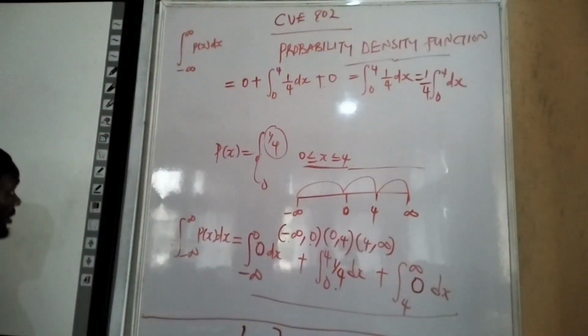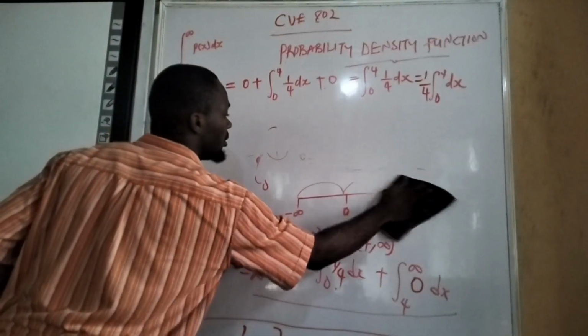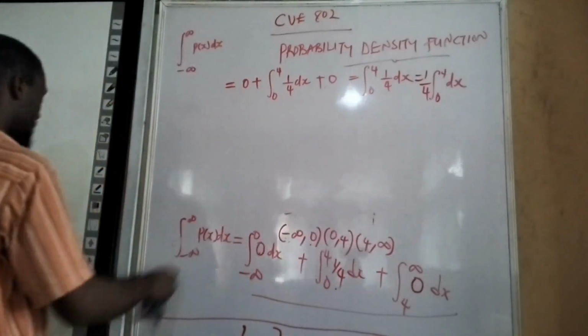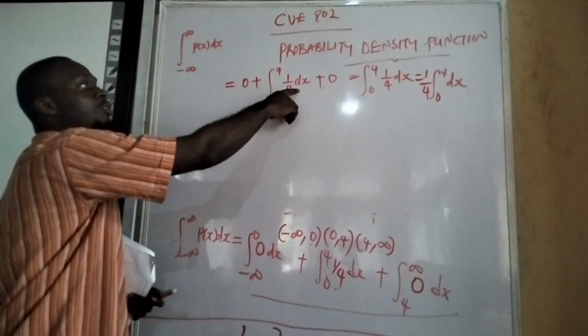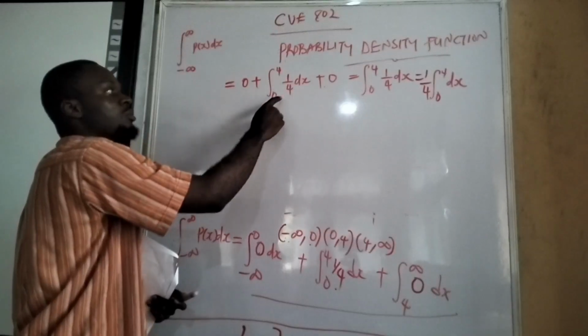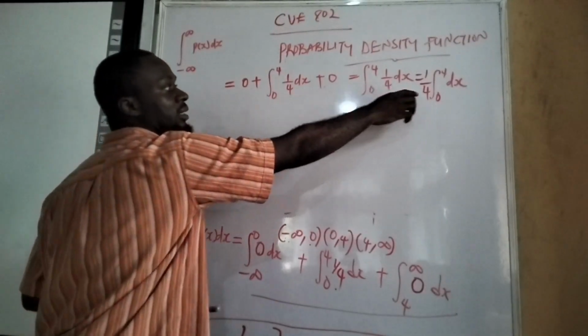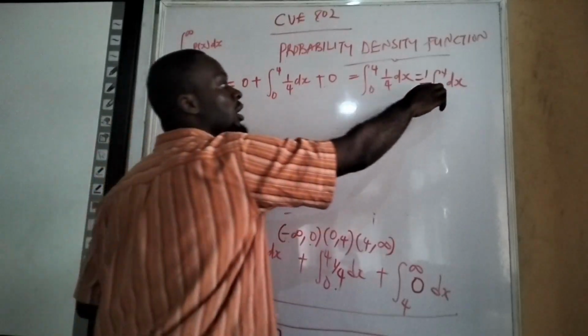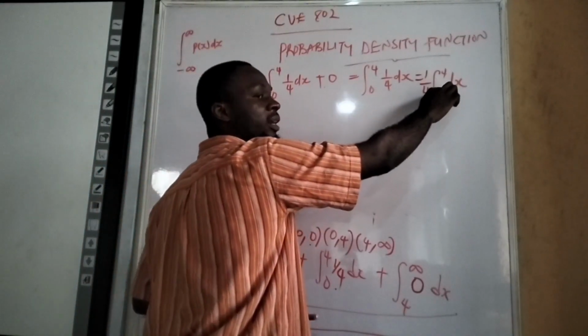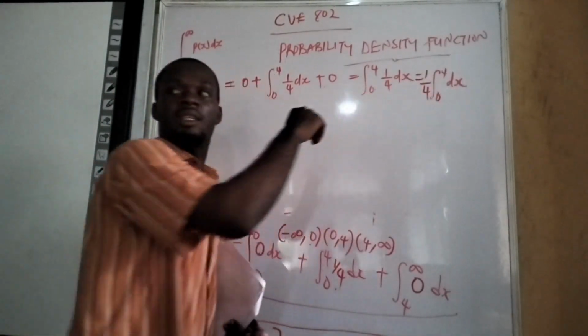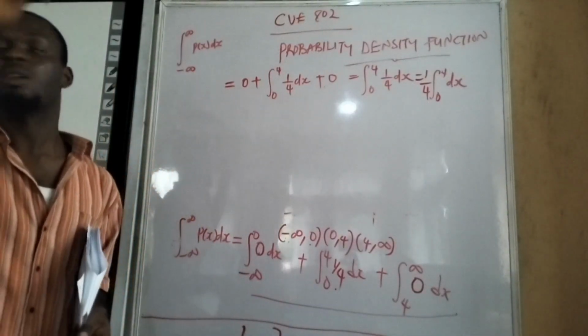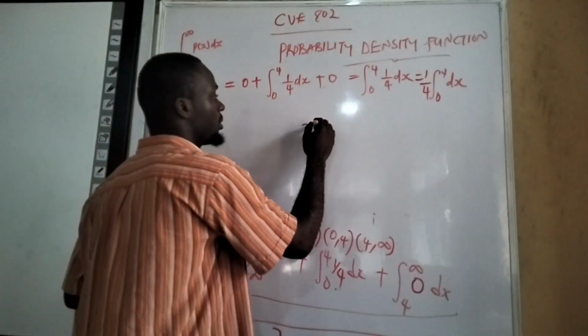So we have to integrate 1/4 with respect to x from 0 to 4. 1/4 is a constant, it comes outside. In front of the dx here, there's a number: it's x raised to power 0. That's 1.